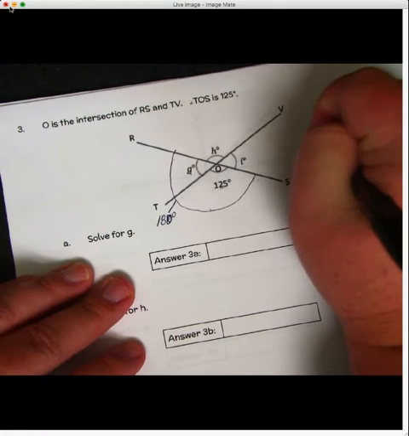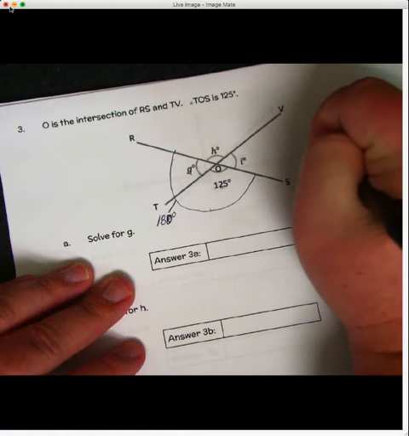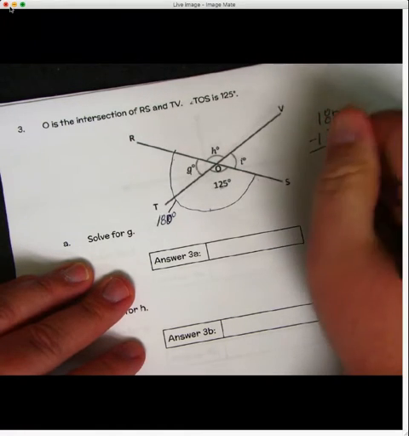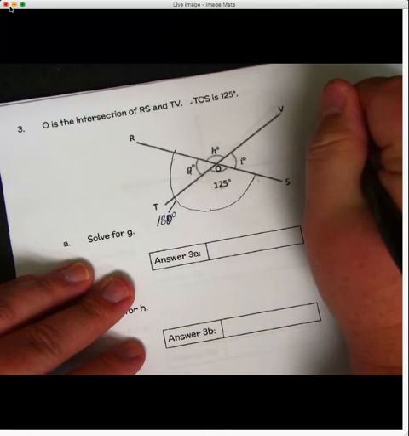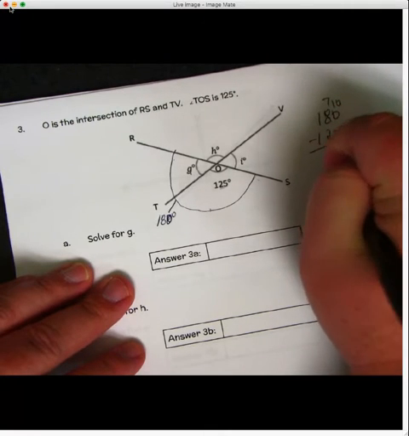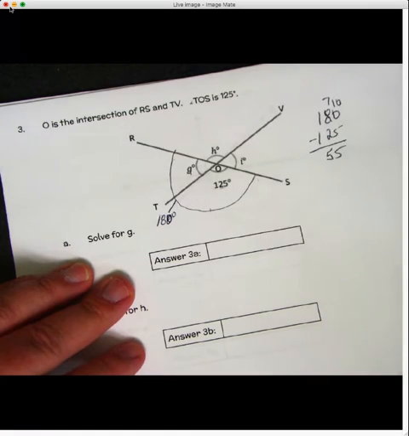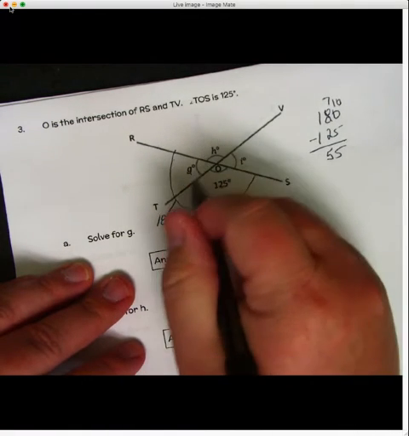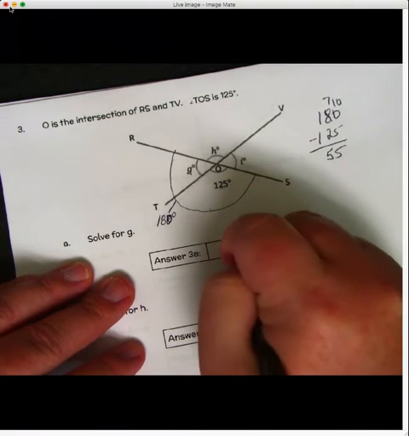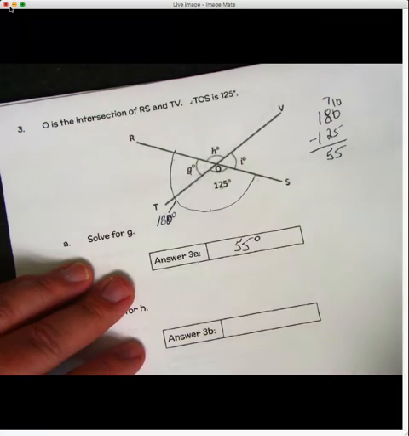So let's solve for G first. 180 minus 125. I'm going to subtract here, and we're going to get 55 degrees. So angle G then is 55 degrees.